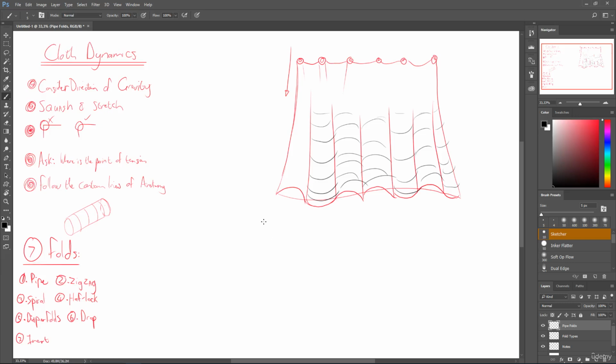So long dresses, for example, will take on the look of a pipe fold. Let's bring a dress design down here, and I'm keeping that looseness and flowiness that we want when we're drawing hair. Let me just draw that ellipse more at a normal angle.